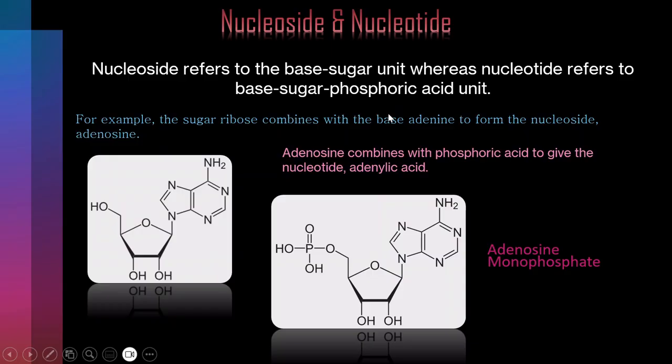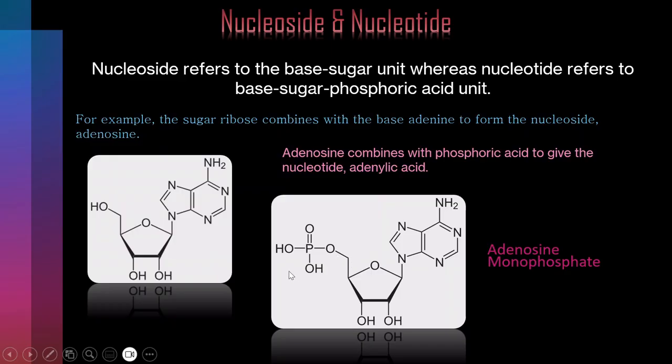Now let us go through each of the nitrogenous bases. If we consider the sugar ribose, so this is ribose. Ribose combines with the adenine. This is adenine, if you remember the structure of adenine. Ribose combines with the adenine through the C1 by a beta glycosidic linkage to form a nucleoside. And this nucleoside is known as adenosine. And this adenosine combines with the phosphoric acid at the C5 carbon, CH2OH.